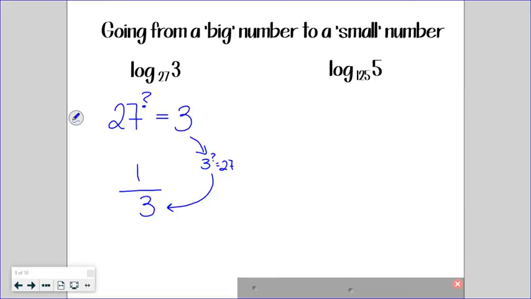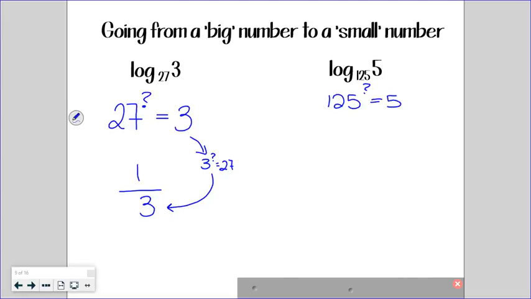Okay, try this one. Let's see, 125 raised to something equals 5.